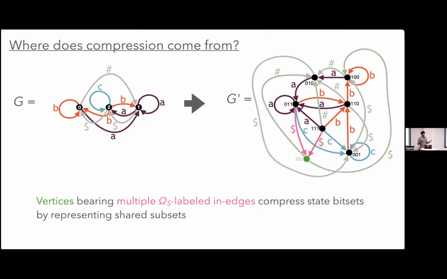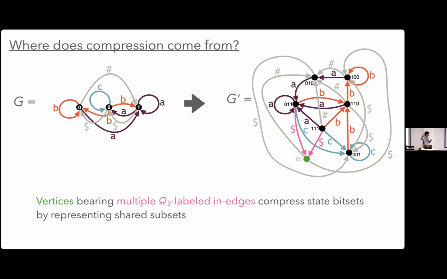But I told you that this was a compressed index, okay? Where is compression coming from? The idea here is that there are going to be vertices with edges on the sentinel alphabet that point at the same vertex. And what that's saying is that their bit sets share the same subset.